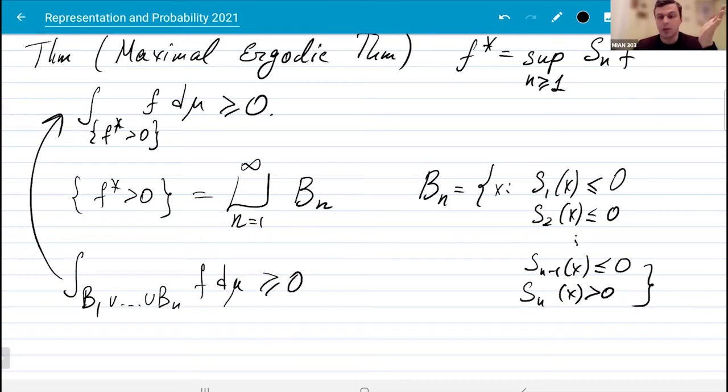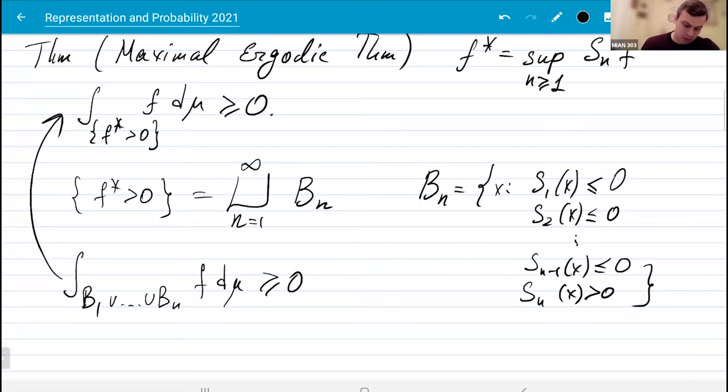This is just the usual dominated convergence theorem, for example, because the function f belongs to L1. So when you extend the interval of integration, you have just the convergence of the integral.